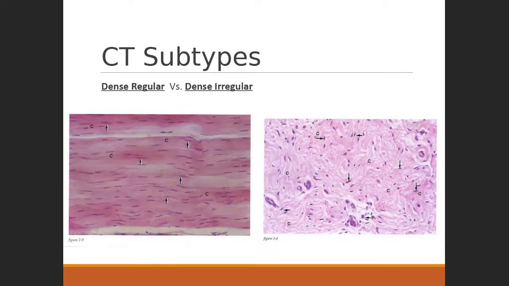Dense irregular tissue would be ideal for any tissue where we got a vast assortment of stresses and strains coming at us from all three dimensions. Dense irregular will never be as strong as dense regular in any one direction, but it is going to be more diverse about resisting stresses and strains in multiple directions than dense regular will.